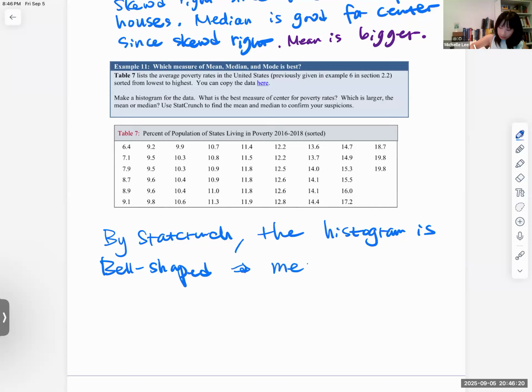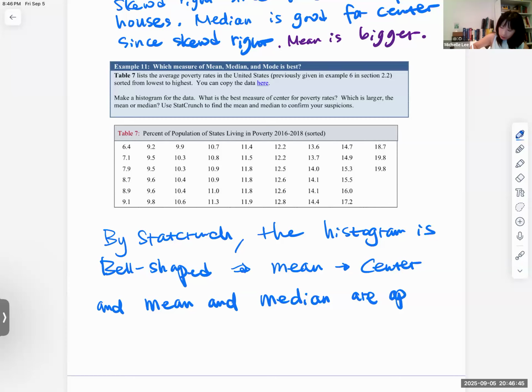And which one is bigger? They are approximately the same, right? So the mean and median are approximately the same.